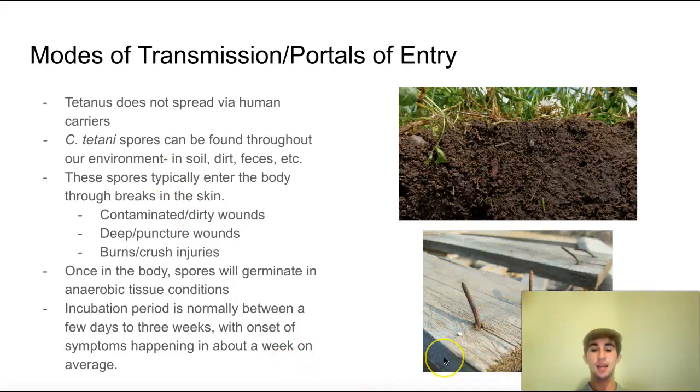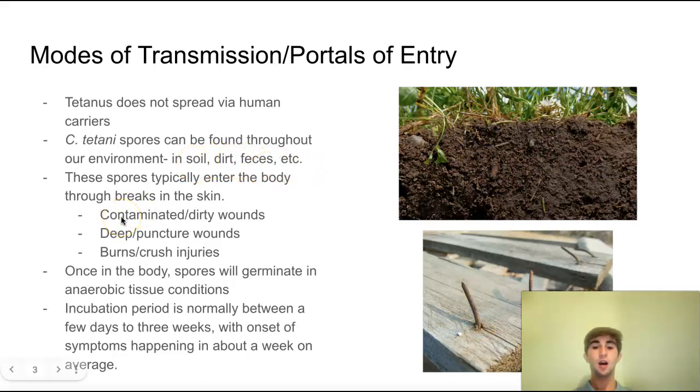Typically, people say if you step on a rusty nail or you get cut by something rusty, you should go get a tetanus shot. And while that's true, it's not the rust that's causing the tetanus infection. It's that those bacteria spores can be found anywhere, not just on a rusty surface, but most primarily in stuff like soil, dirt, feces.